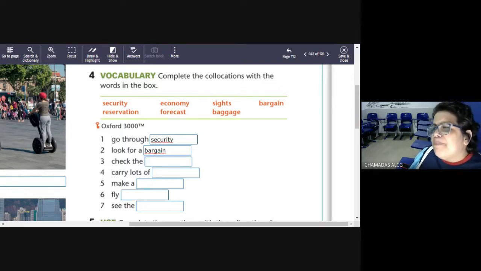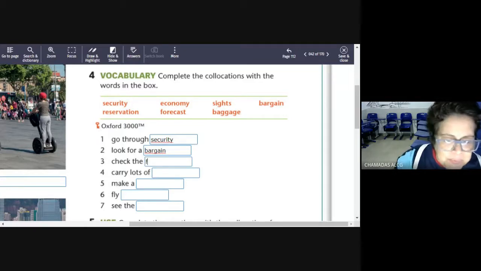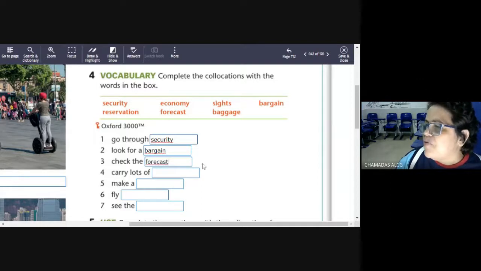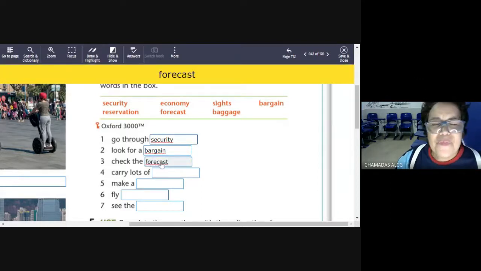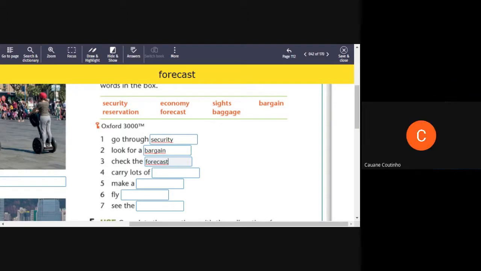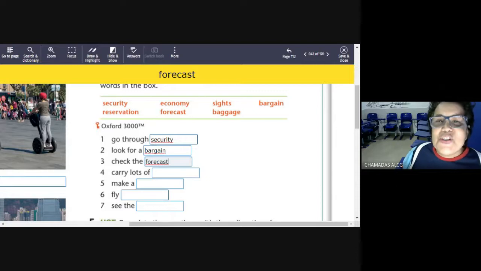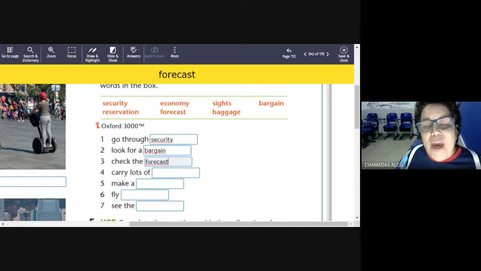But here in the box, I guess we can check the forecast. What is that, people? What is to check the forecast? Do you know? No, forecast is a new word for me. Okay, so check the forecast means to check the weather prediction. When you check the forecast, you want to know what the weather will be like.